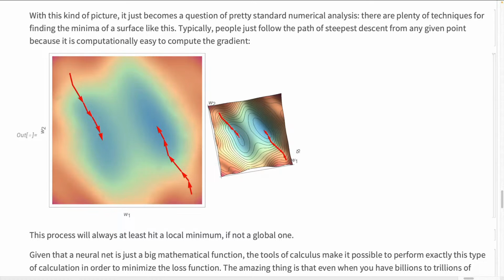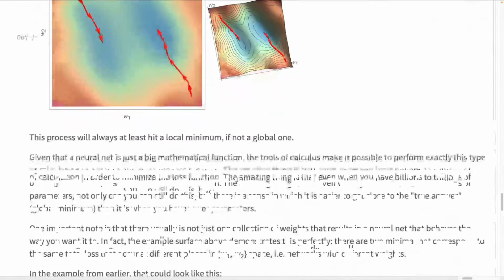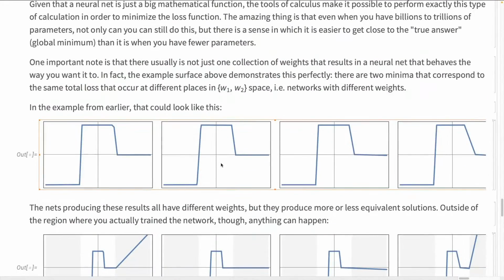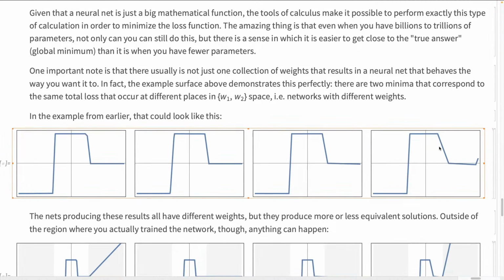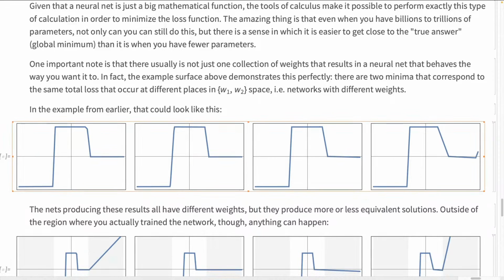And it's also nice that you have all these different parameters available, and there are many different places in parameter space that could minimize your error, or at least solve your problem. These might all have slightly different total errors, but they all more or less solve the problem. I expect that this one has a little bit higher of an error, but they all more or less solve the problem. So these are all positive things about the machine learning process.